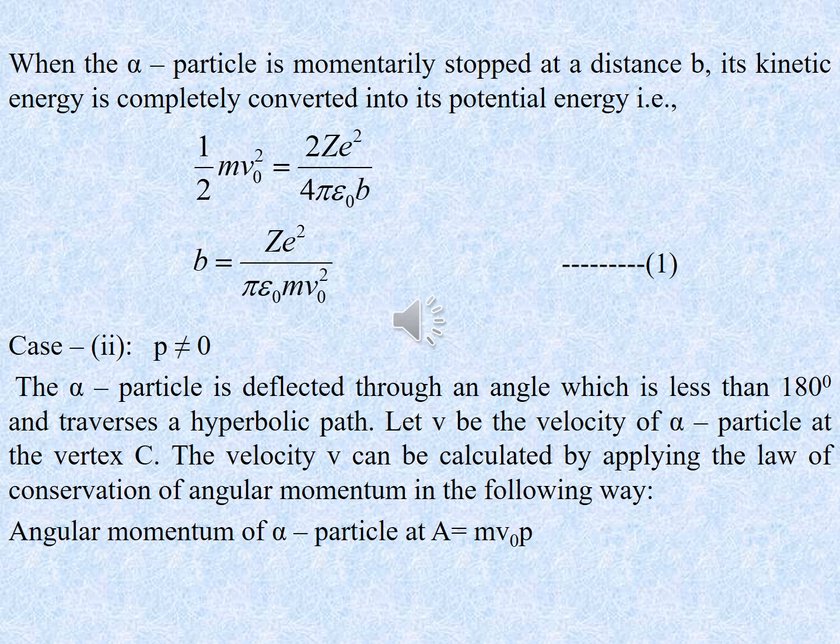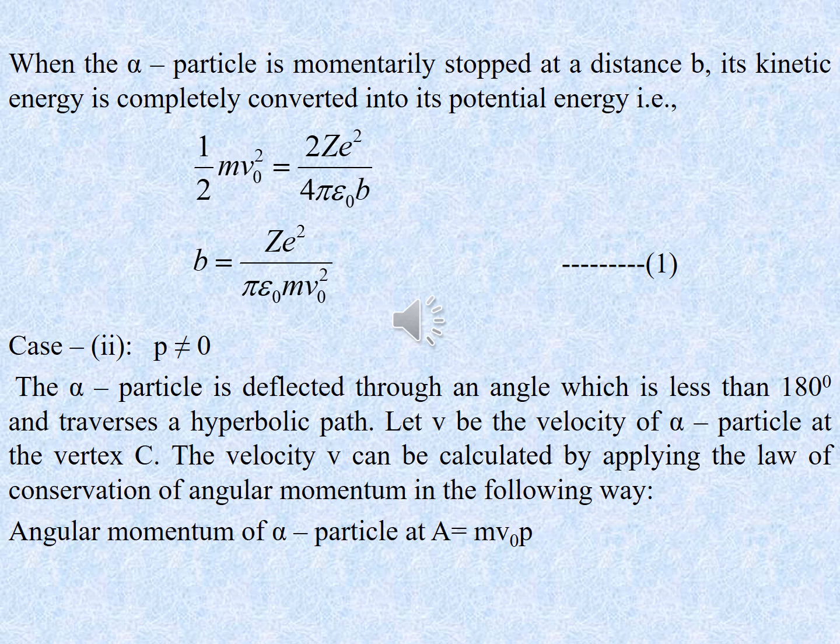Case 2, if p is not equal to 0, that means the alpha particle is deflected through an angle less than 180 degrees and traverses a hyperbolic path. Here, v is the velocity of the alpha particle at the vertex C. The velocity v can be calculated by applying the law of conservation of angular momentum.